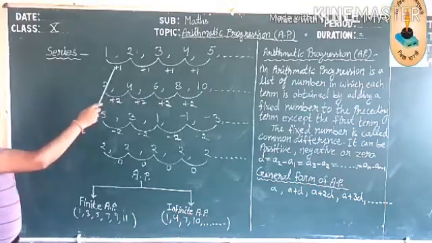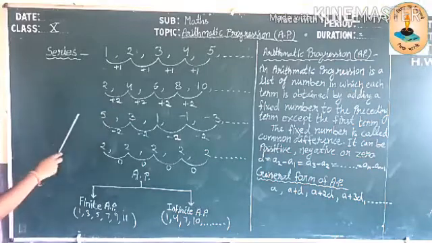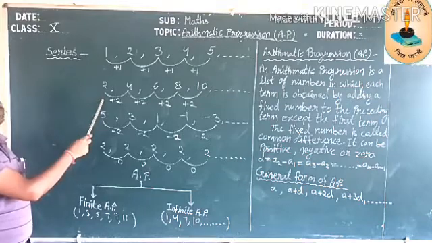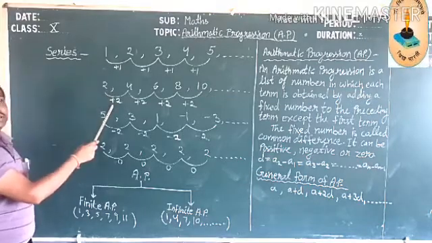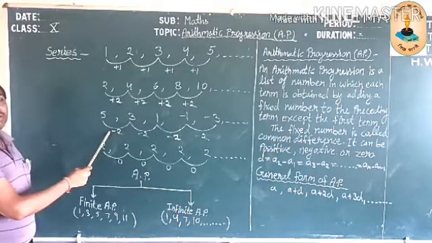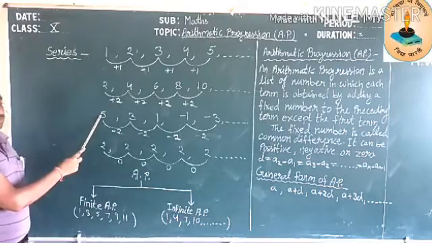The terms may be positive or negative or 0. You see that the first and second examples are of positive numbers. But in the third example we have to take negative numbers. The first term is 5.